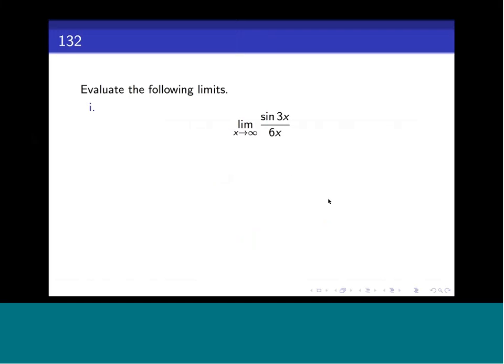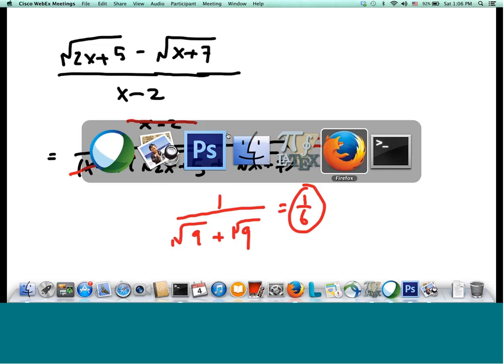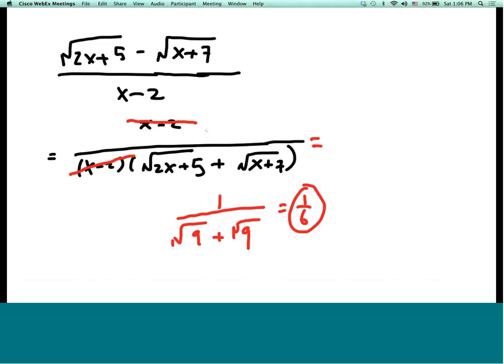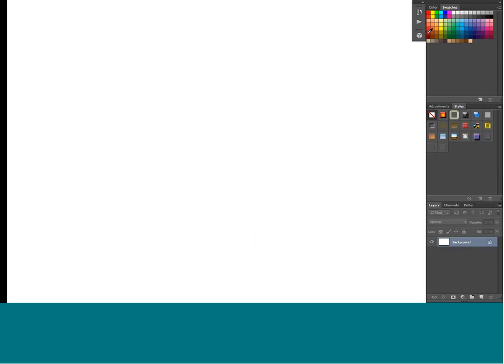It goes to infinity. Actually, I think that is a 0, that's right. How about another one? It's too crazy.